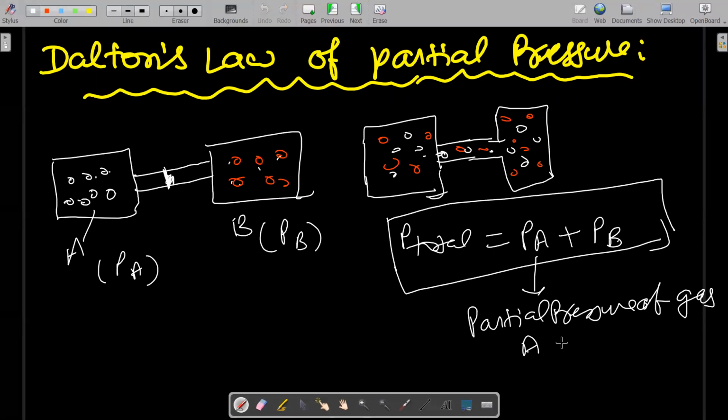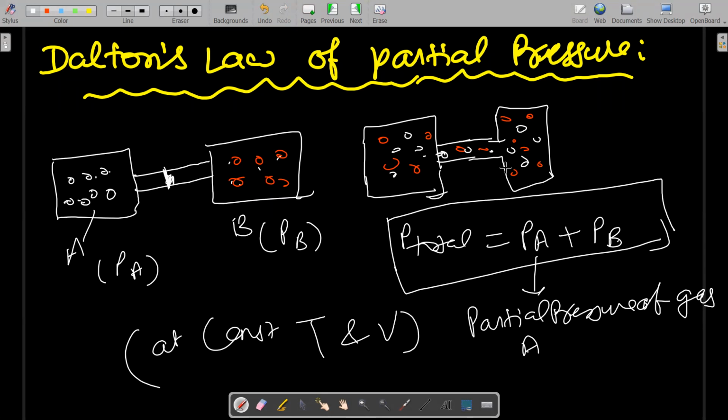All of you know PV is equal to nRT. And this Dalton's law is applied at constant temperature and volume, because in this container the volume is constant. Suppose the container's total volume is 1 liter, and the temperature is room temperature, so T will be constant.